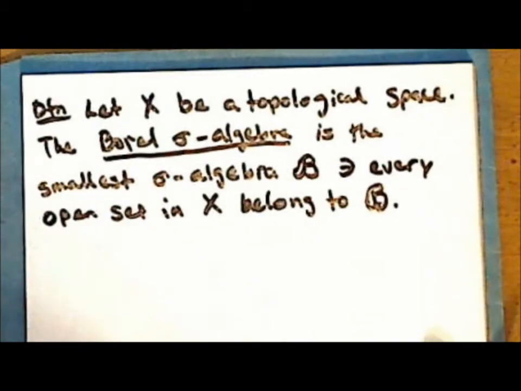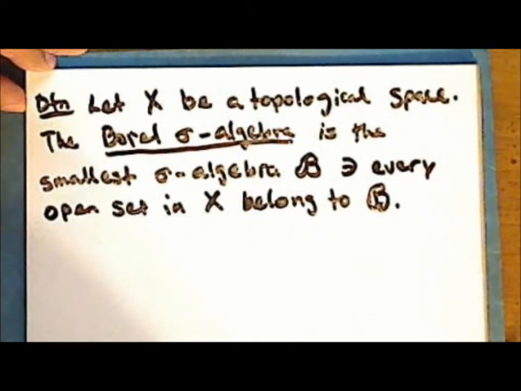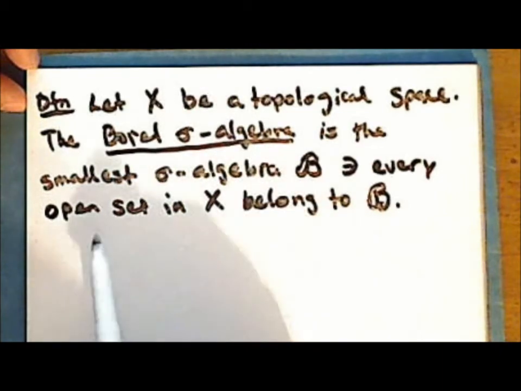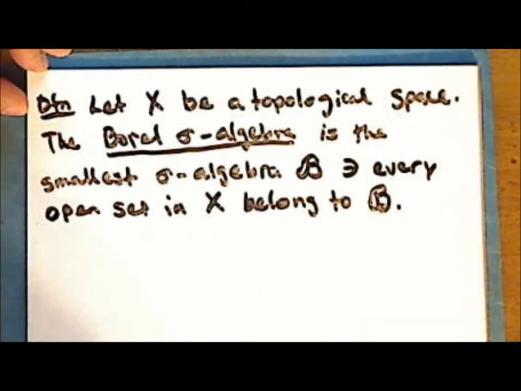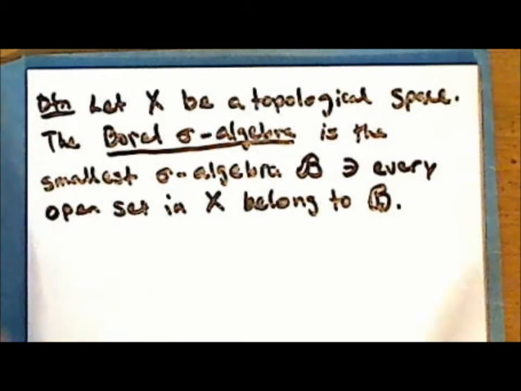Now this sigma algebra does exist by the previous theorem. There is a smallest sigma algebra, the intersection of all such algebras that contain open sets in X. So the Borel sigma algebra is the smallest sigma algebra that contains every open set in X.